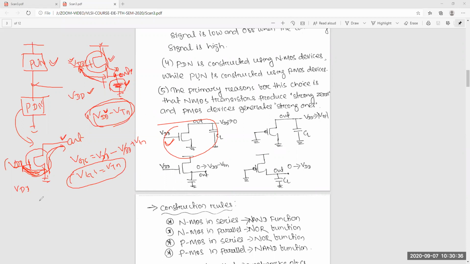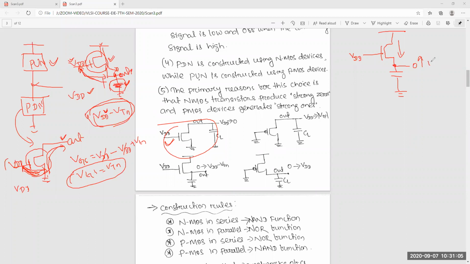Are you getting it or not? So this is your VGS, this is your VD, that means gate. This is a capacitor to ground. Initially this point was 0. Now current is flowing from VDD, so the voltage will increase towards VDD.